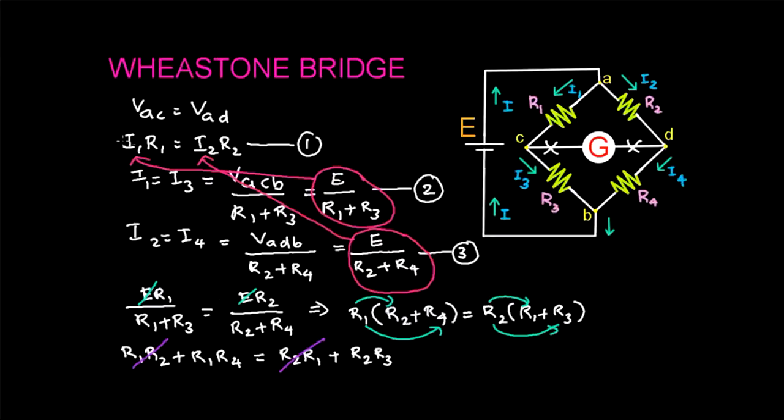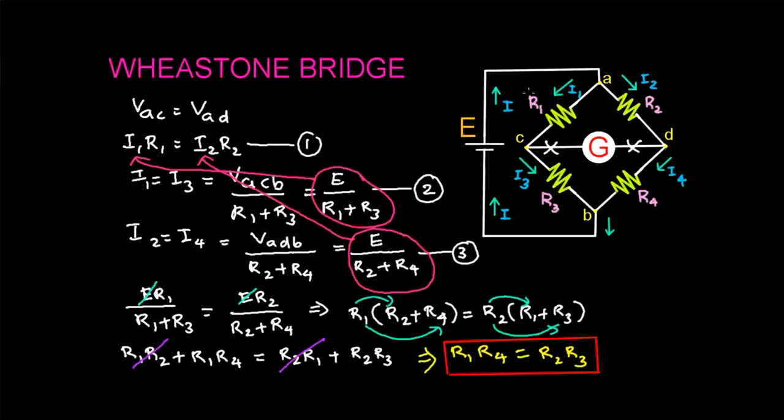Here R1 R2 is present on both sides, so I can cancel it. So the final equation will be R1 R4 equal to R2 R3. That is the final equation.